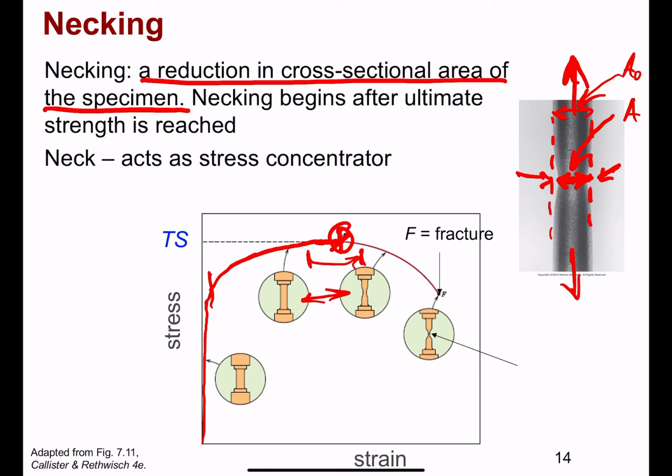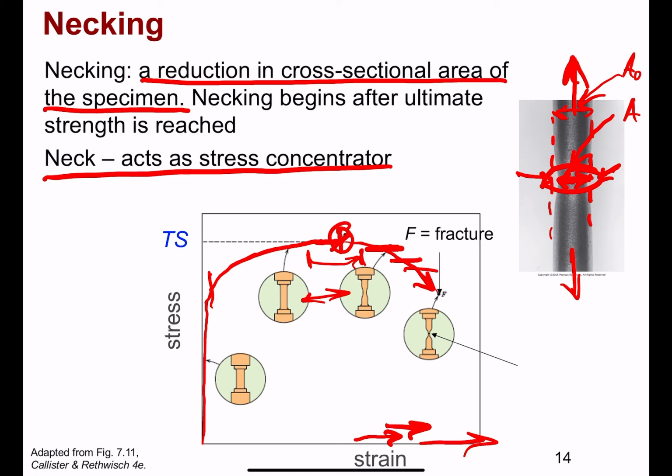And now we're going to register a lot of deformation. Okay, so that explains why we kind of drop the curve very quickly. We no longer need as much force to trigger increases in deformation because the cross-sectional area is reducing due to necking. So the neck acts as a stress concentrator, allowing us to drop the force and still move further to the right on the x-axis in the strain axis direction.